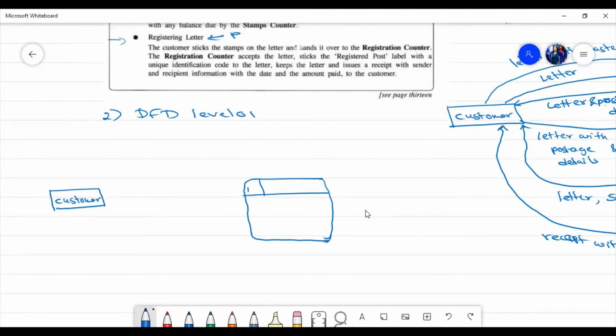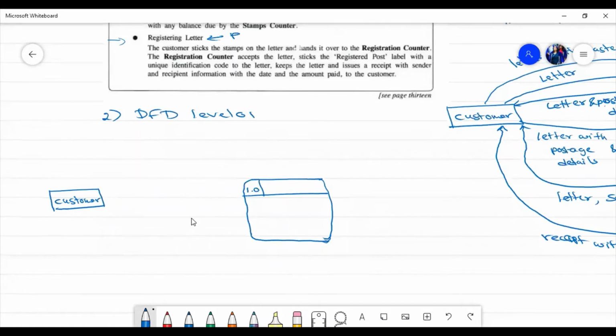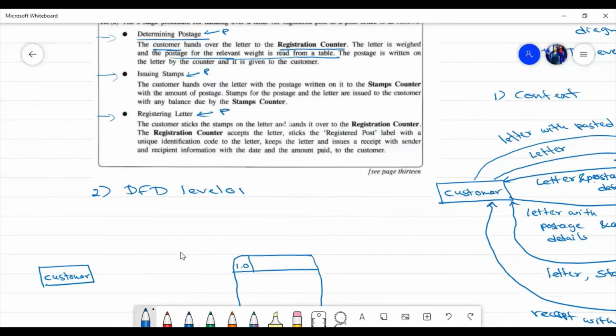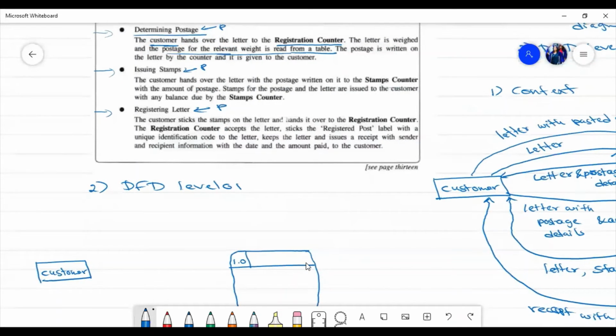And this is 1.0. If they have mentioned any place where this process is happening, you can write the place name. This process is determining postage. So I could say determining postage. That's the process name.